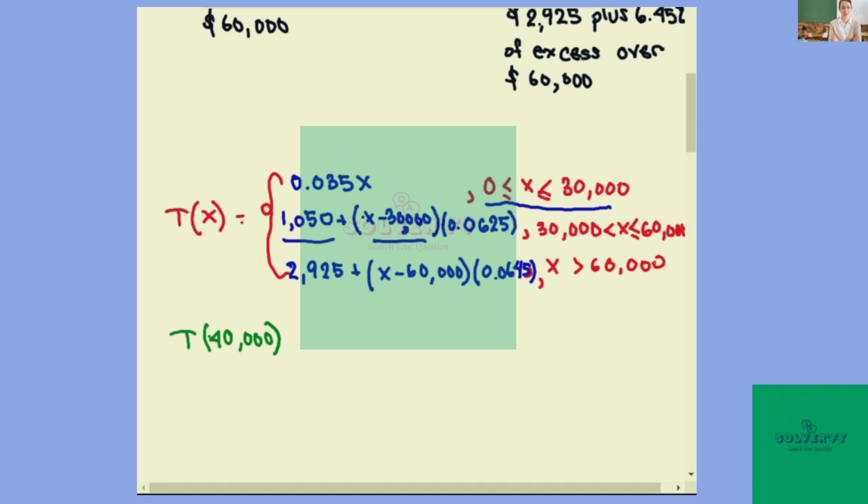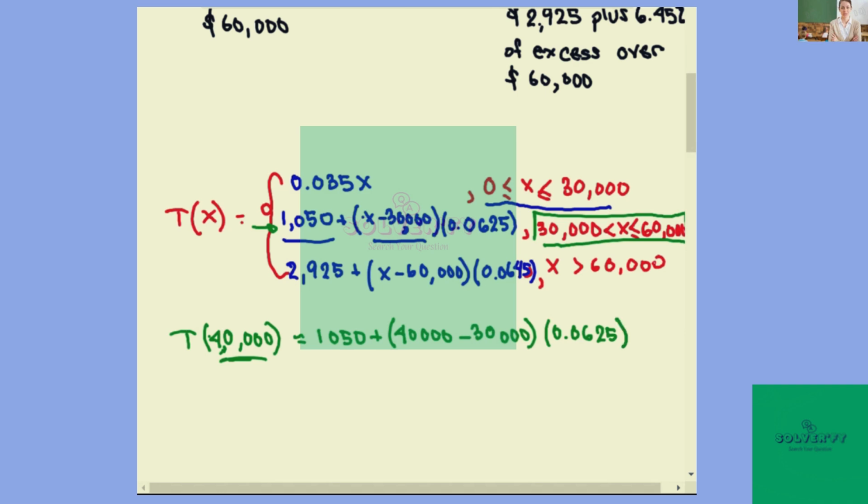Now, 40,000 belongs to category 2. So we're going to substitute this value of x into the second part of the piecewise function. This would be 1,050 plus x, now 40,000, minus 30,000, and whatever the excess is, we multiply that with 6.25%. Now we're going to compute that using our calculator.